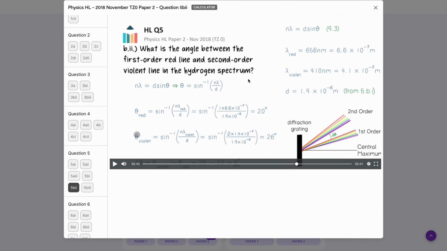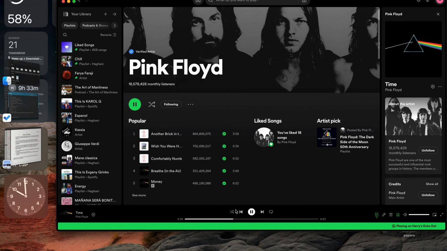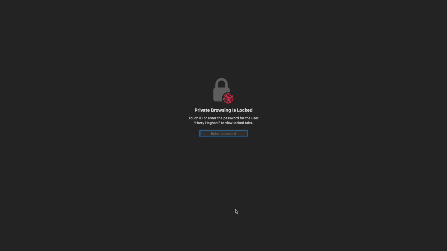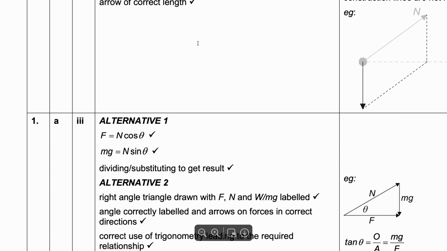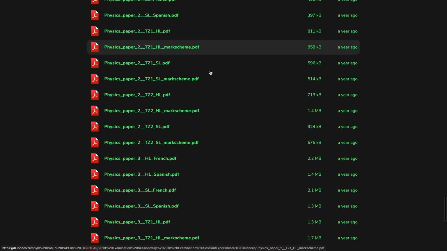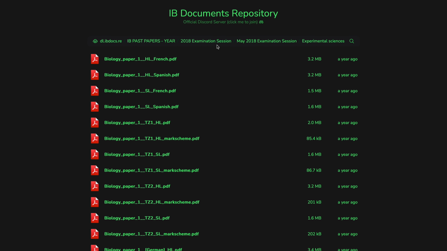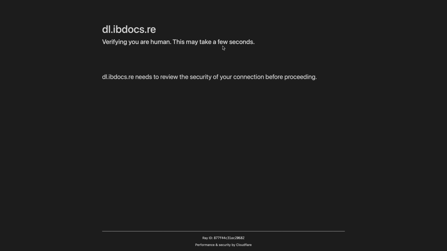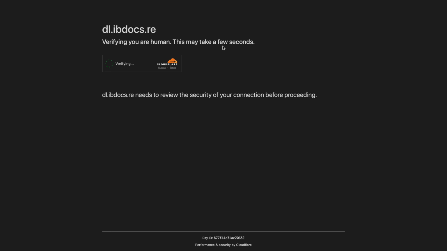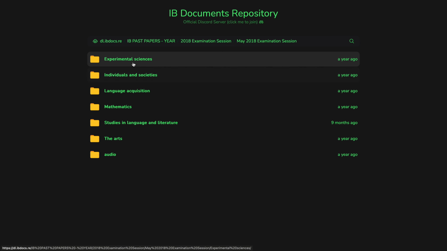Was it 5 or was it 6? So Revision Village got 6 degrees, but I reckon there's probably a range in the marking. So let me quickly check if 5 degrees is indeed correct or not. I have it on my iPad as well. Okay, this one is faster.